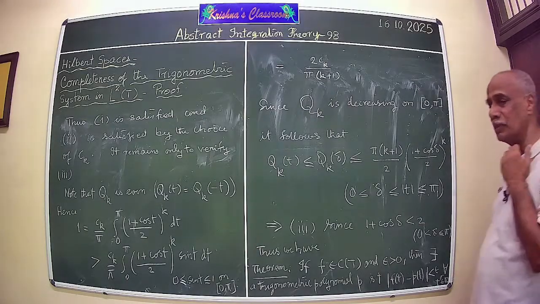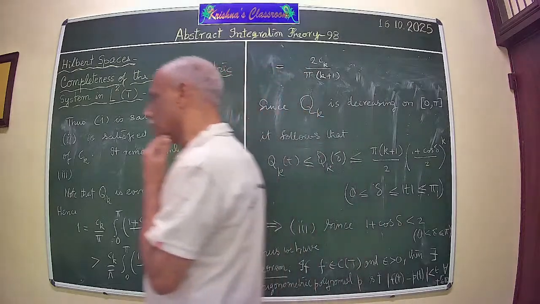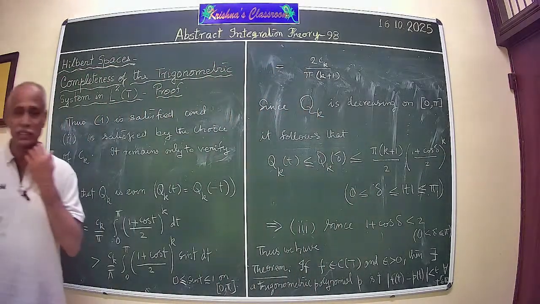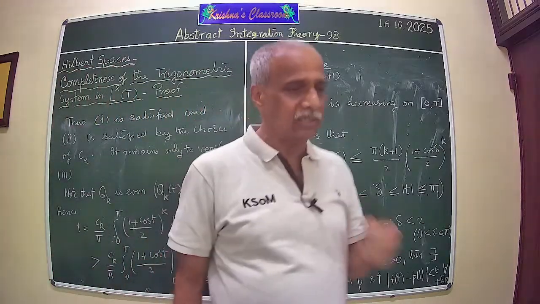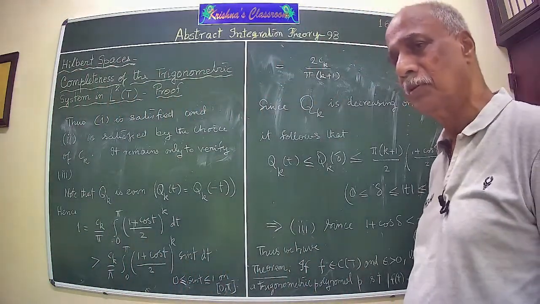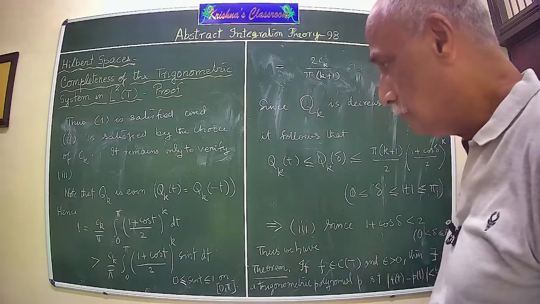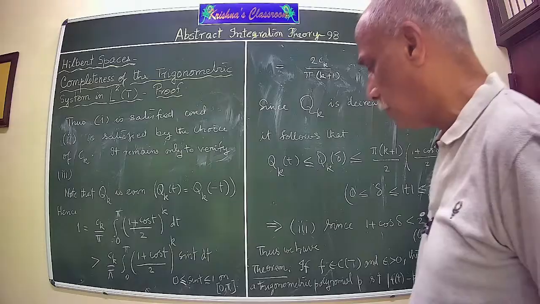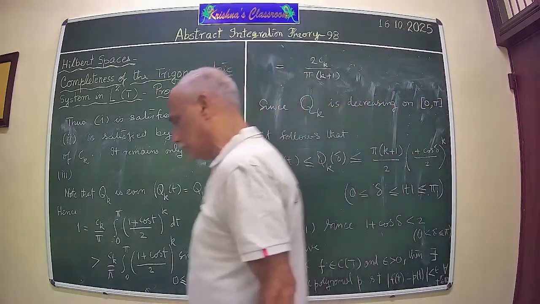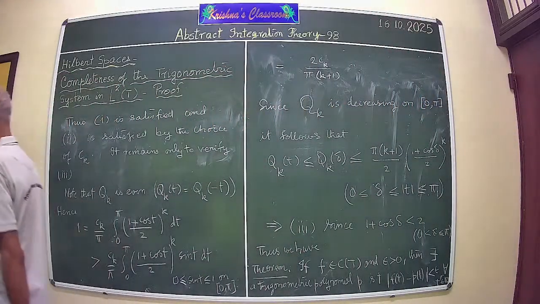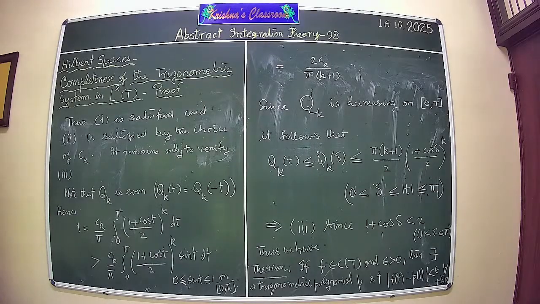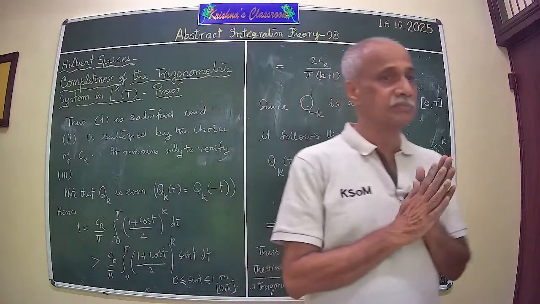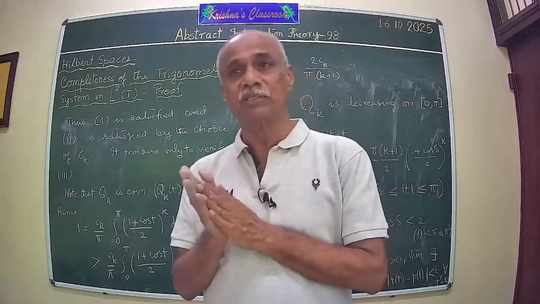Okay, so that completes the proof, and therefore you see that the trigonometric polynomials, or what are called the finite linear combinations of the orthonormal set e to the power int, form a dense subspace of L2t. What is the consequence of that?